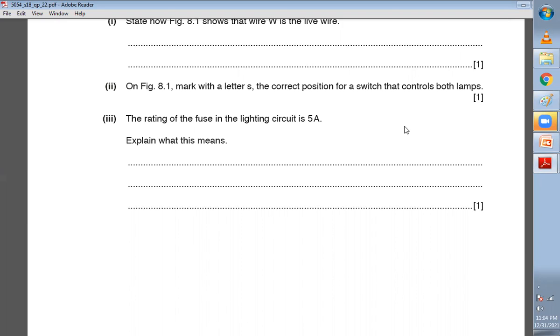But if the current will exceed 5 ampere, the fuse will melt, it will blow, and it will cut off the supply of the live current to the lighting circuit. It will isolate the lighting circuit from the live current. If the current will exceed 5 ampere, the fuse will melt, it will blow.